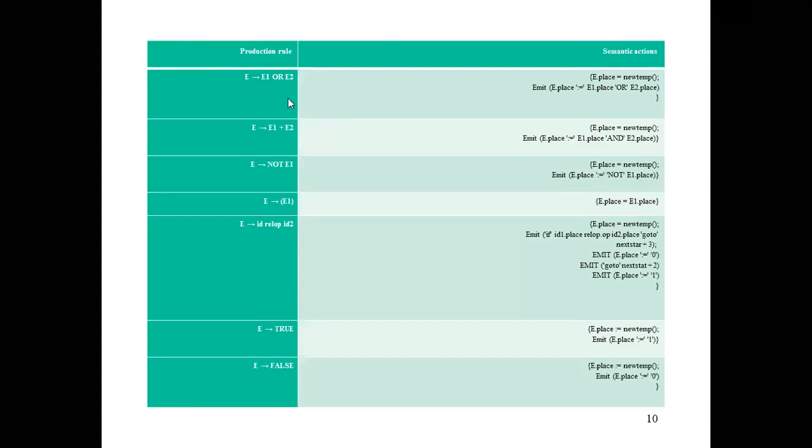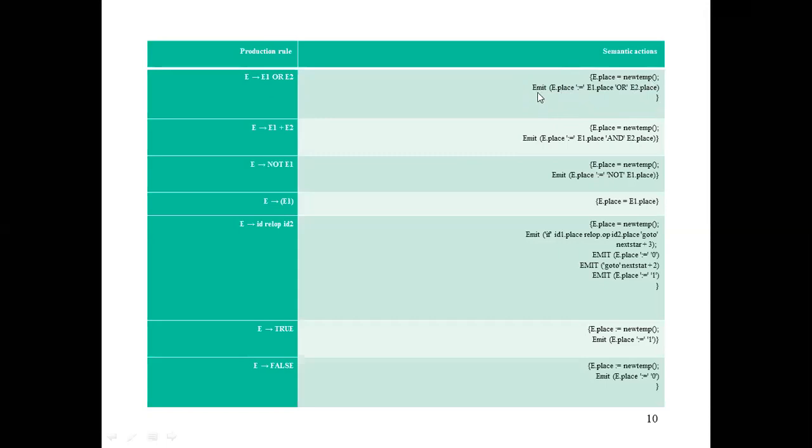We can write it as emit E dot place equal E1 dot place or E2 dot place. We have already studied that we can replace E1 by E1 dot place, and E2 by E2 dot place. So this is the logic to write the semantic action.